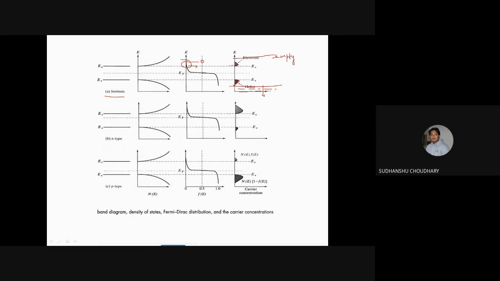Now similarly for an n-type semiconductor, the electron distribution in the conduction band. Since I now have a gap near the conduction band in the Fermi distribution function, I have some probability of finding electrons which is greater than that of the intrinsic semiconductor. Of course, this probability is again reducing when you go above a certain energy level.